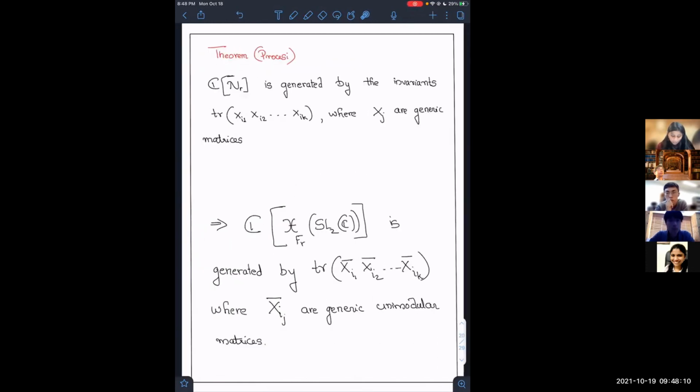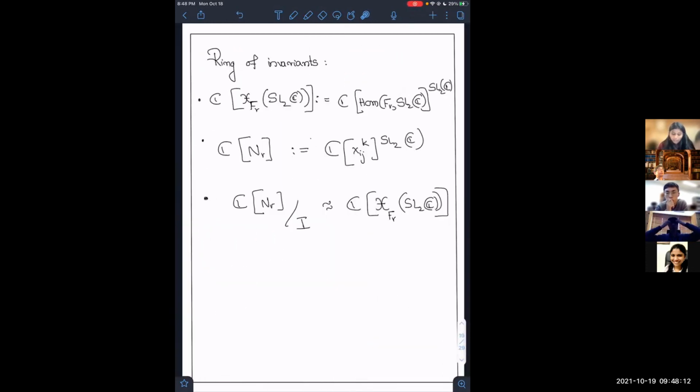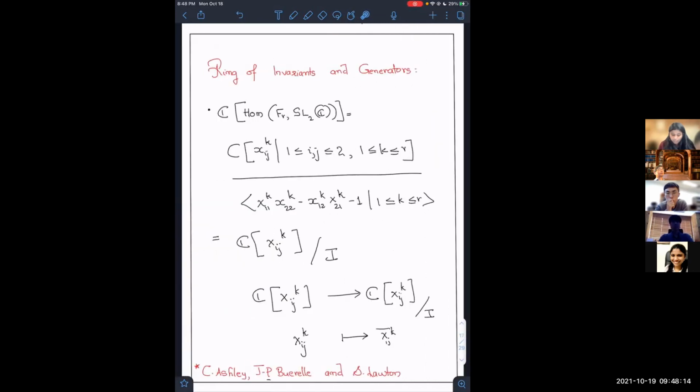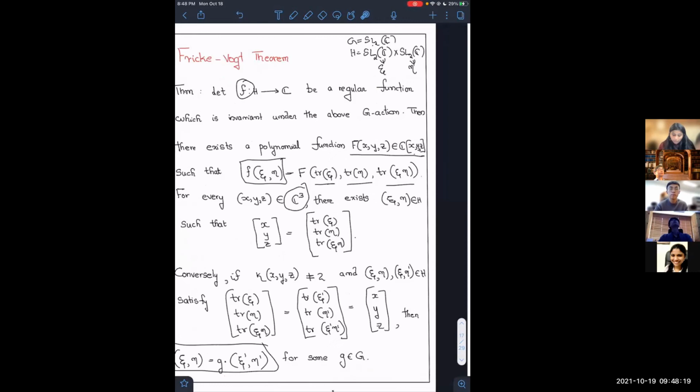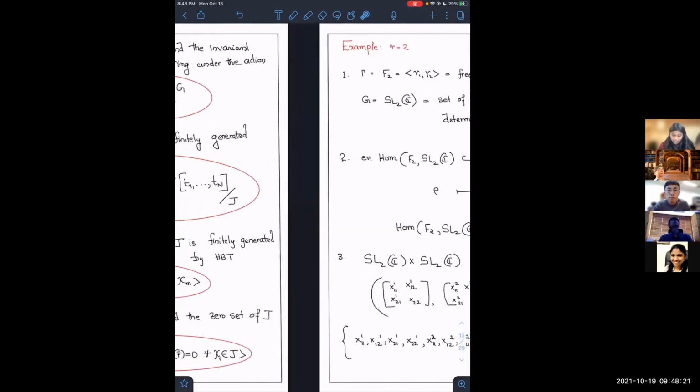I want to say one more thing. We were working with character varieties over complex numbers, right? So I want to go back to the definition.